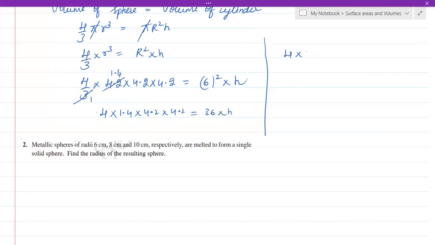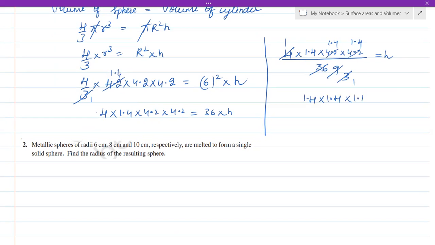So it becomes 4 into 1.4 into 4.2 into 4.2, the entire thing divided by 36, that is equal to H. Here we can cancel: 4 nines are 36, 3 ones are 3, 1.4s are, again 3 ones are 3, 1.4s are. So all it becomes is 1.4 into 1.4 into 1.4.